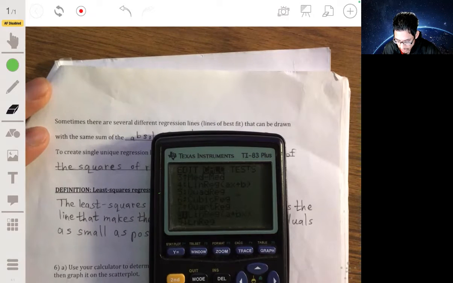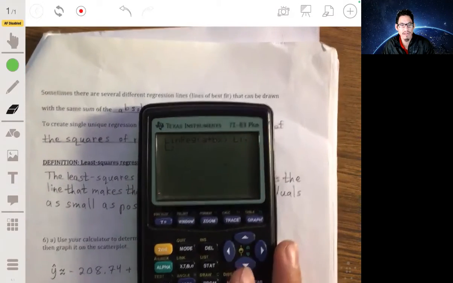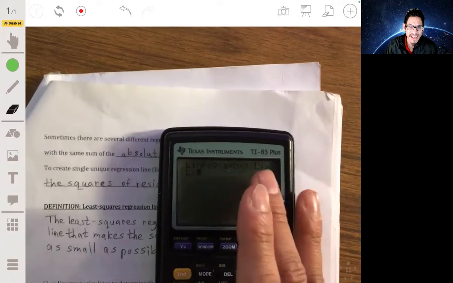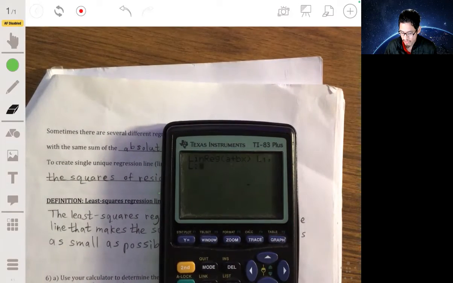Stat, calc again, press this one, a plus bx, and we're going to type L1, comma, L2, because this means that we want to calculate the linear regression equation for the data in L1 versus L2. If you have a more advanced calculator, you could probably have entries where you input those.